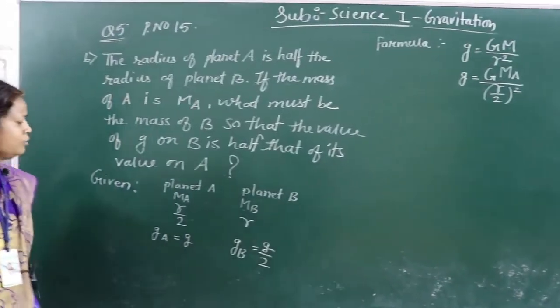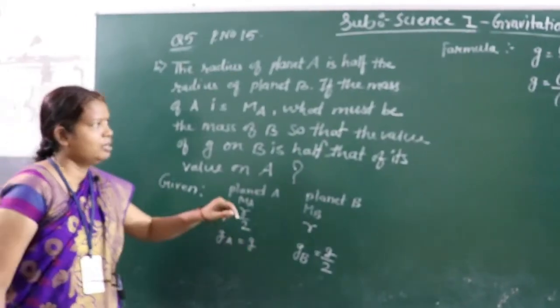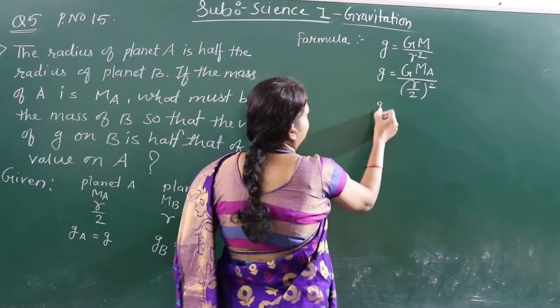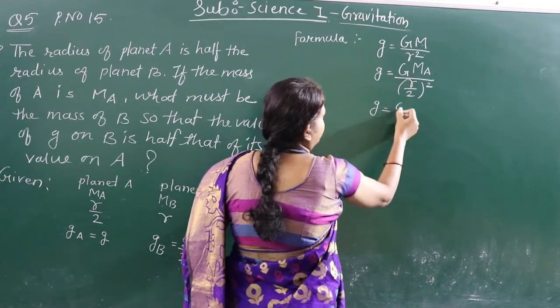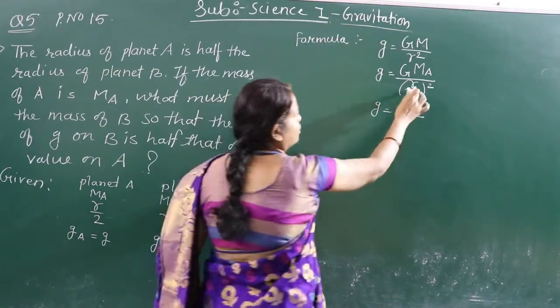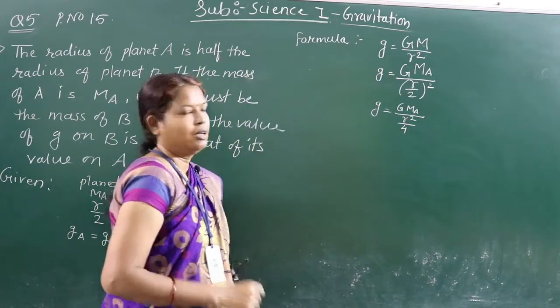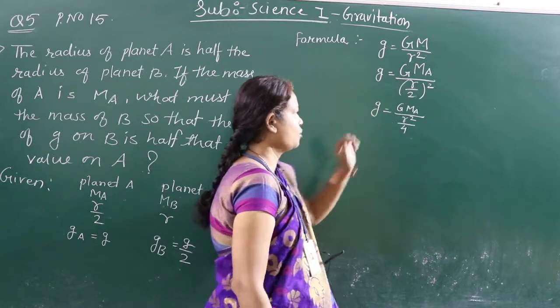Okay, the value of g, is it given? No, it is like this. So g is equal to G M_A upon r square upon 4, because the square of 2 is 4.